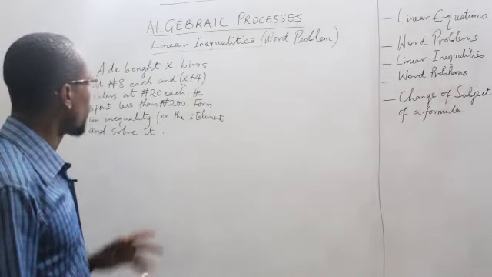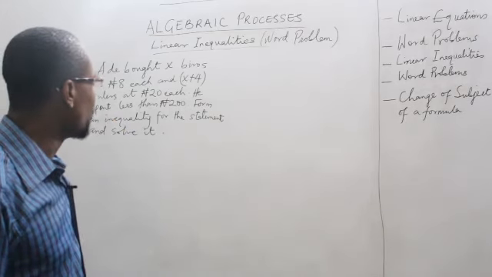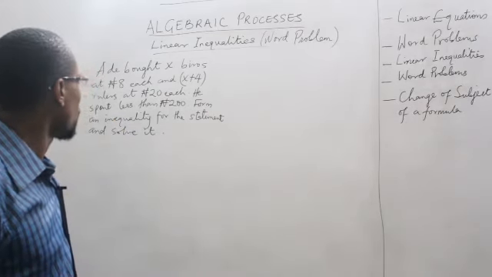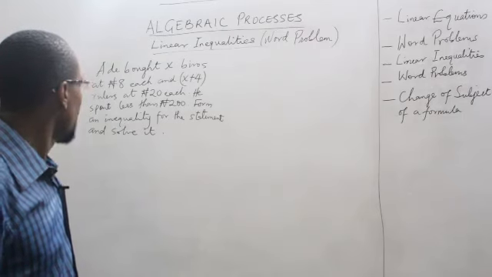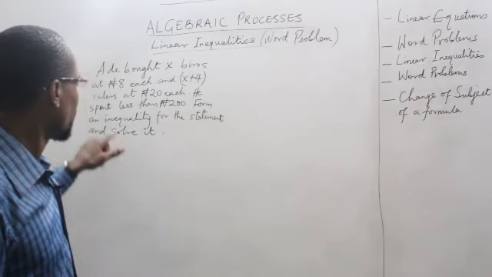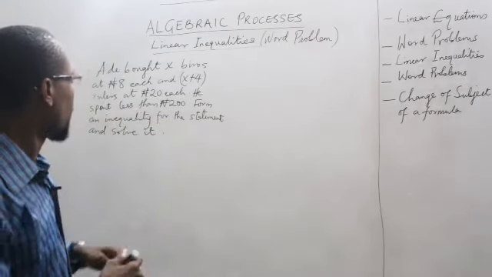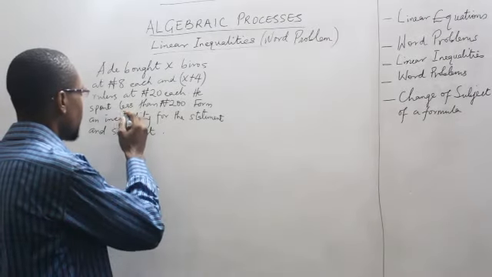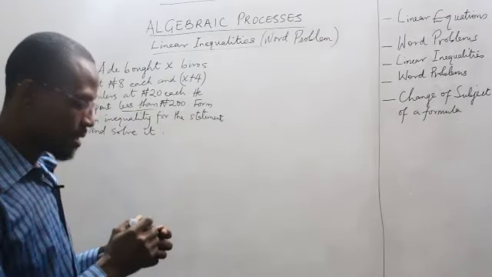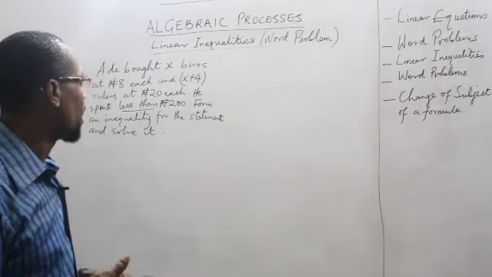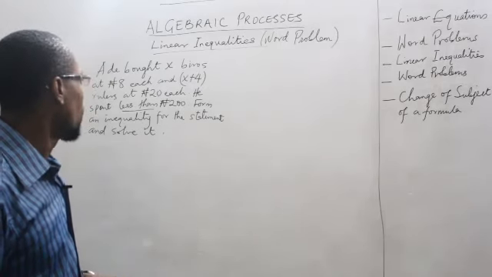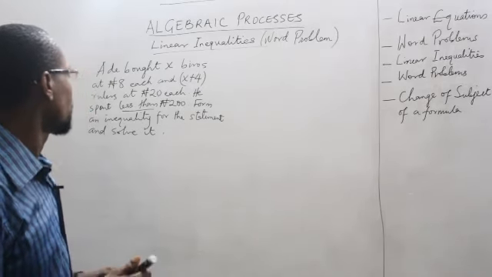Now Ade bought x biros at 8 naira each and x plus 4 rulers at 20 naira each. He spent less than, watch that phrase there, he spent less than 200 naira. Form an inequality for the statement and solve it.